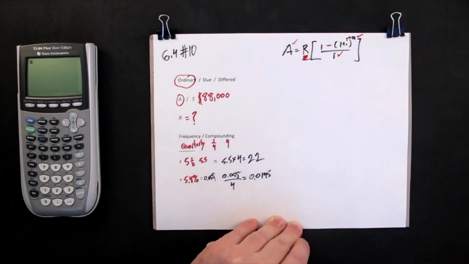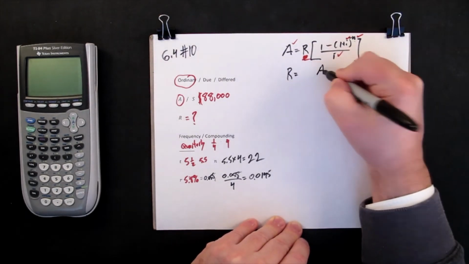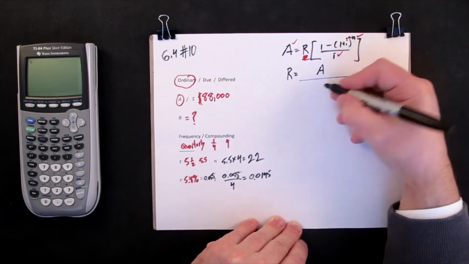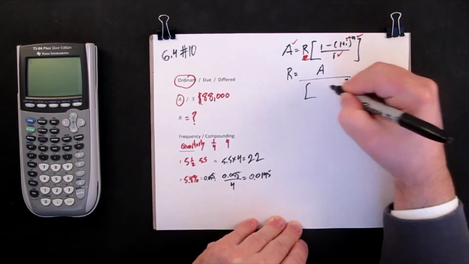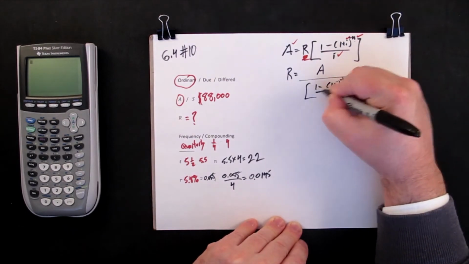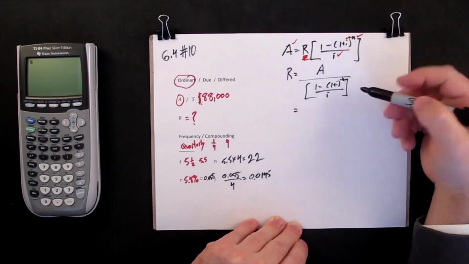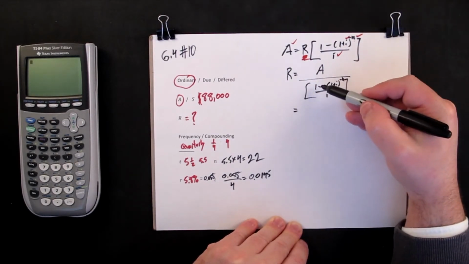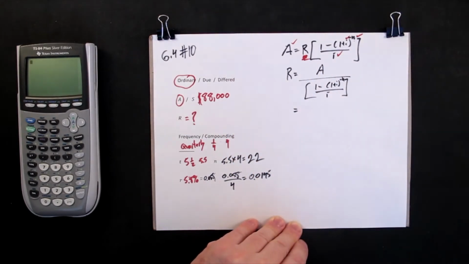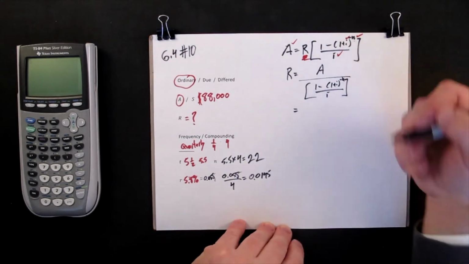We're trying to find R, the payment. So R is going to equal the lump sum invested divided by this growth factor. Now we plug this in, compute what this growth factor is, and then divide the lump sum by that, to see how much the payments can be for 22 quarters.